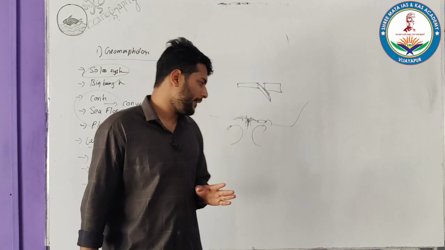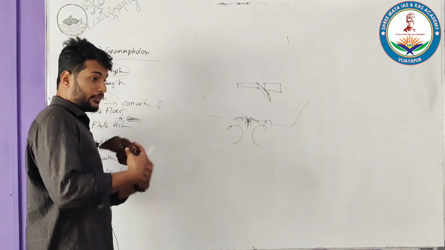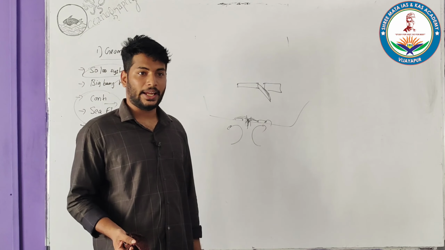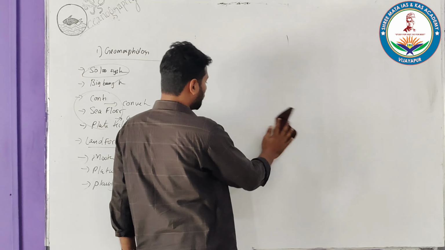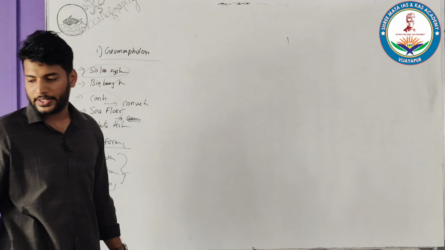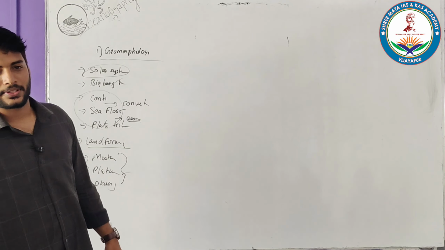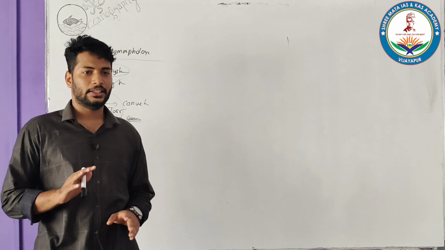That is described by which theory? After sea floor spreading, the plate tectonic theory. This is said to be the most acceptable, most advanced theory, which has answered all the doubts regarding the formation of all the geomorphological structures on the earth.